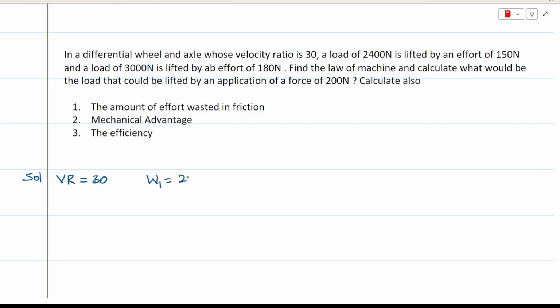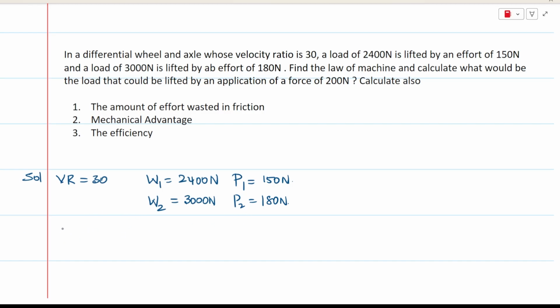So let's say W1 is equal to 2400 and for that the input effort is 150 Newtons, and in the second case W2 is 3000 Newtons and P, that is effort, will be 180 Newtons. Find the law of machine and the load that could be lifted by an application of a force of 200 Newtons.